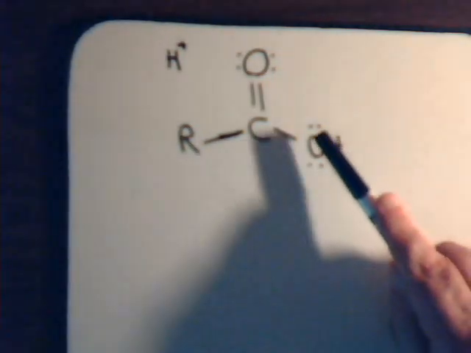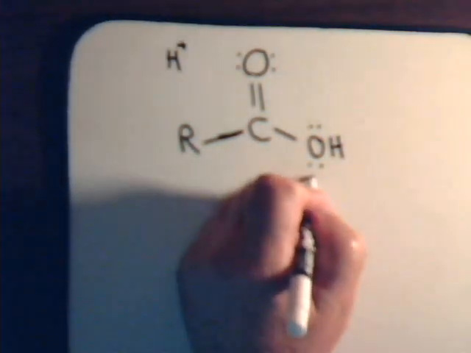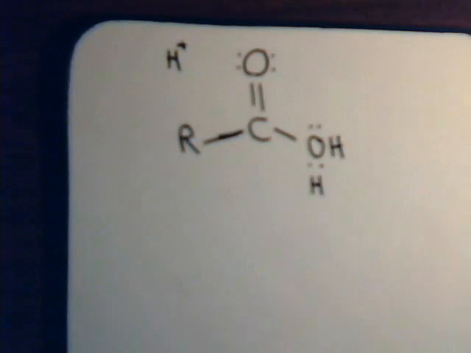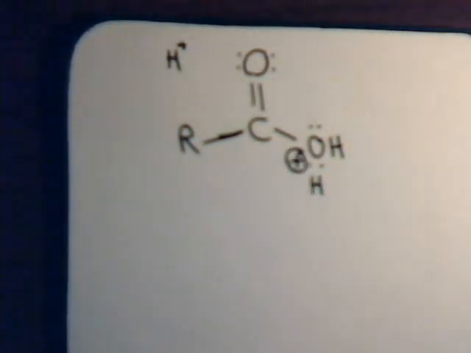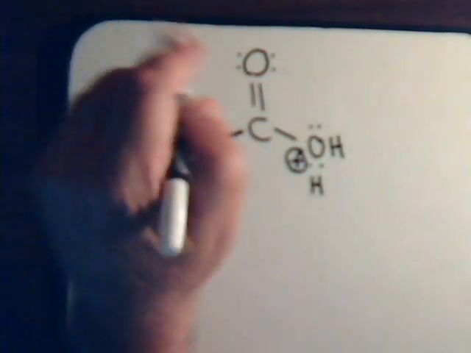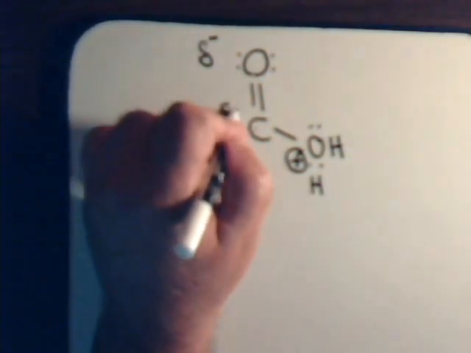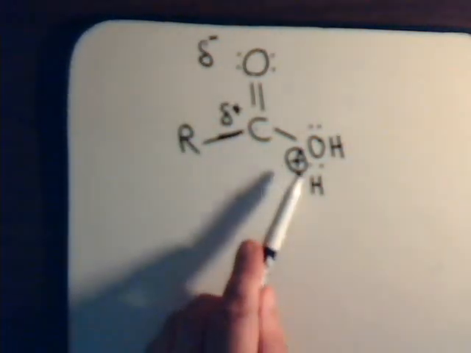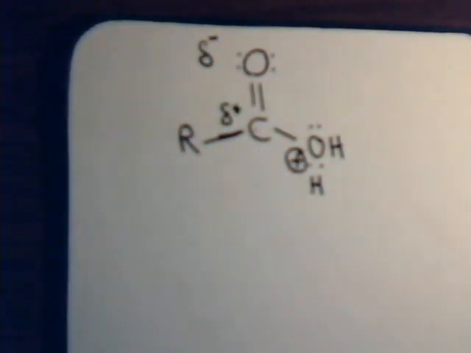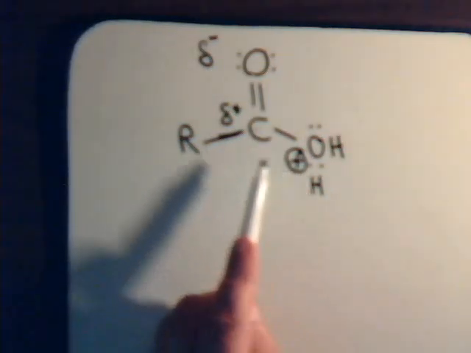So a proton will not attach to the pi electrons. But we could imagine putting it here. Then this has a positive charge. But remember, from our carbonyl group, the oxygen has a substantial partial negative charge, and that carbon there has a substantial partial positive charge. And we've got these two positive charges fairly close together if we put a proton on here. That's not a very stable system.